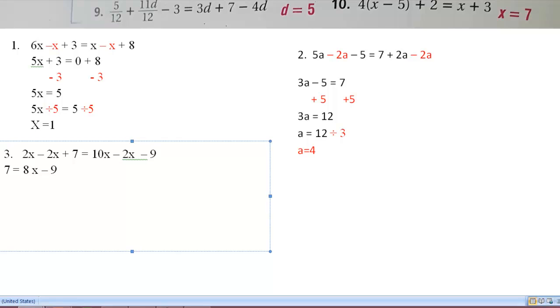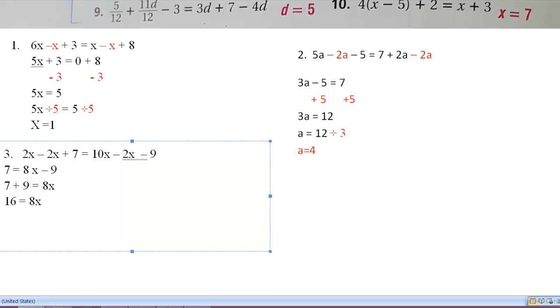We have here 7 plus 9 equals 8x. 7 plus 9 is 16 equals 8x.